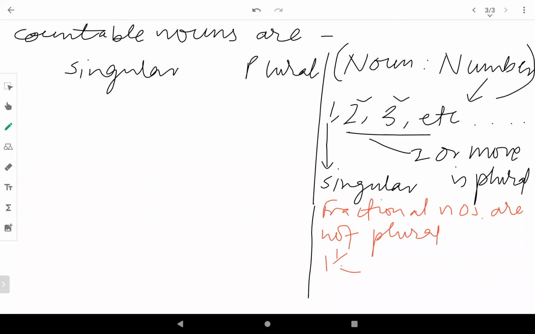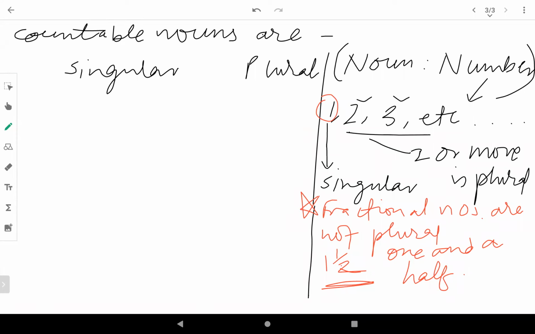If you look at this number, 1.5, it is more than one, but it is not plural. This is one and a half. It is singular. One and a half is singular. That is why fractional numbers are not plural.